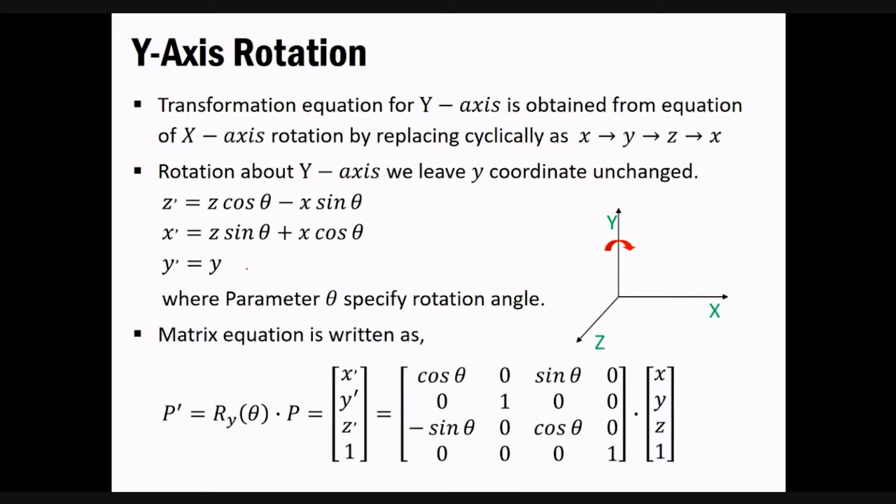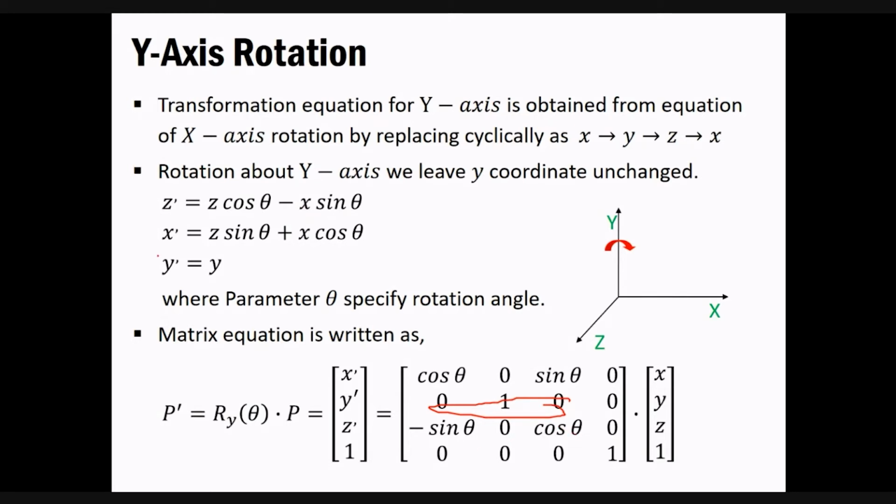And similarly, we have to put all of this in matrix form, keeping y as it is. If we keep y as it is, you can see in the second row we have 0 1 0. Similar things have been taken over here, because if we consider x, y, and z in that form, then we have minus sine theta and cos theta over here.